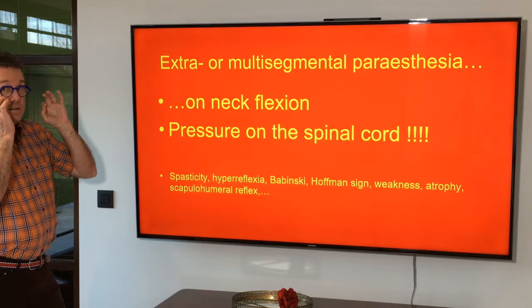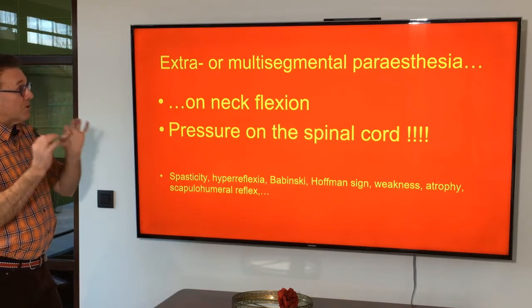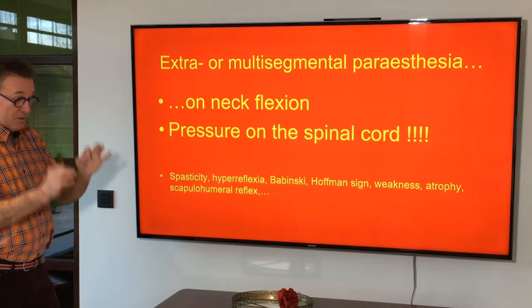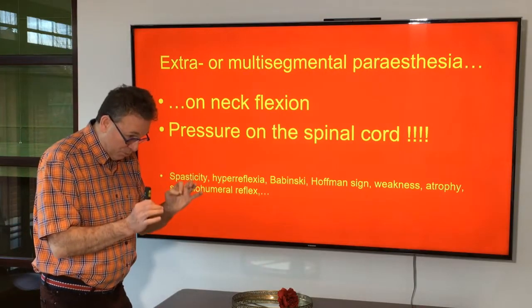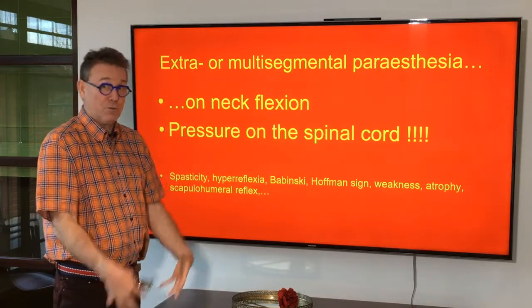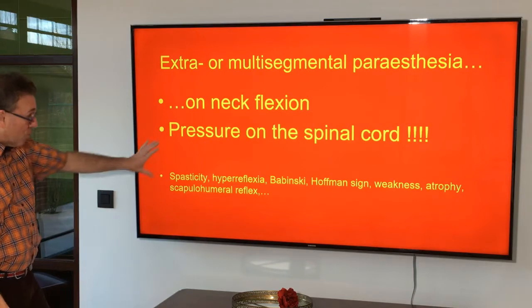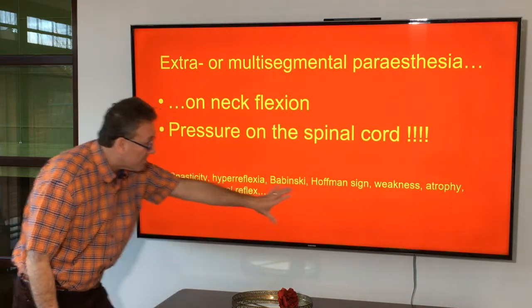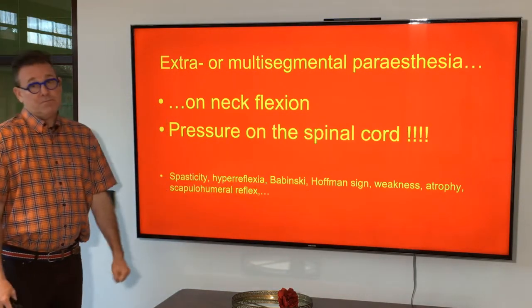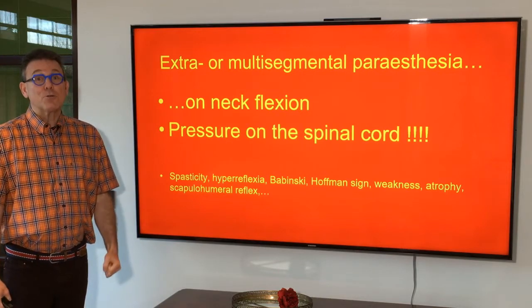Again, be aware of multi-segmental paresthesia. The patient who does a neck flexion and produces paresthesia in both hands or both feet, perhaps in combination with some of those things over here, possibly has spinal cord compression.